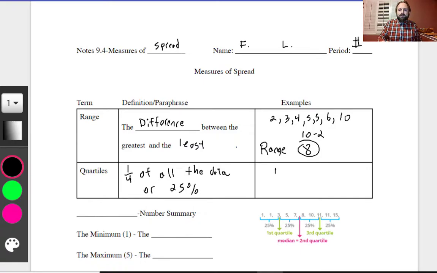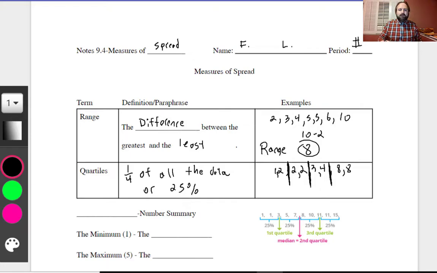So if I had 1, 2, and then I had a 2, 2, and then I had a 3, 4, and I had like 8 and 8, well, counting this up, I have 8 numbers. So if I was to break this up into 4 equal piles, these would be my quartiles.